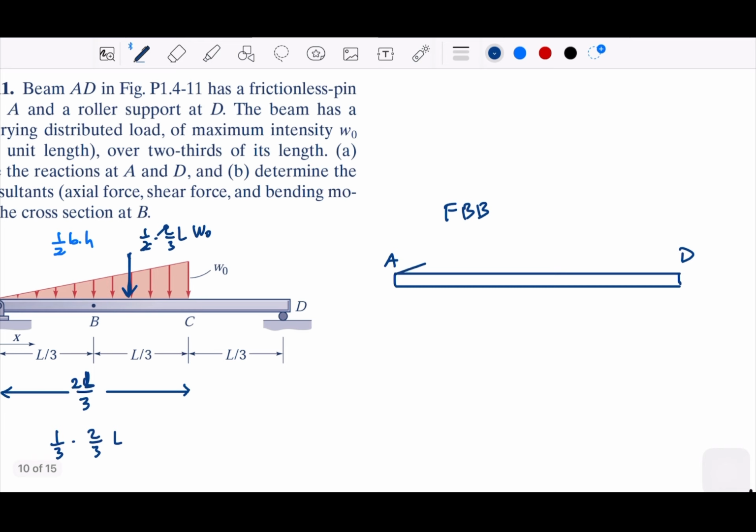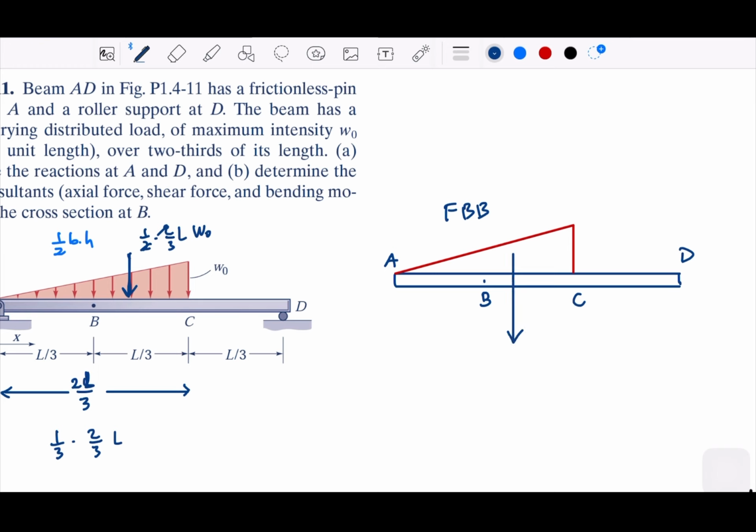I think we can make a triangle out of it. Let me use red color. Okay, let's say that's the triangle. This is B, this is C, and the weight maybe here.